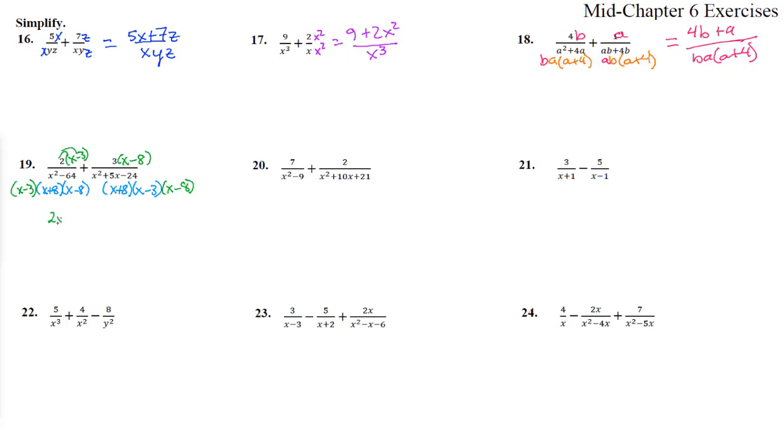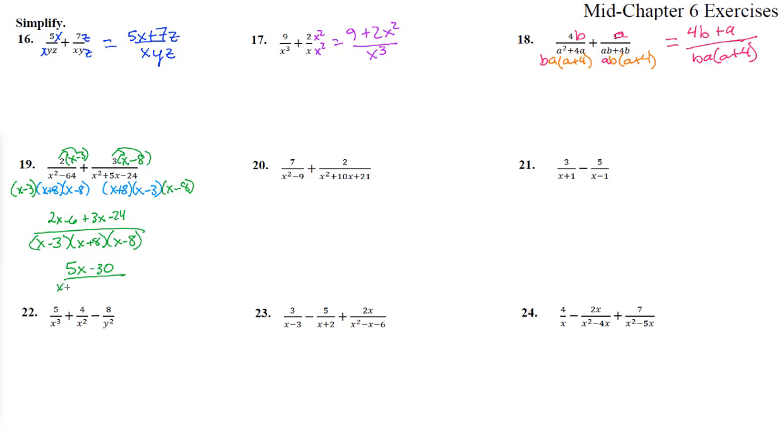We get 2x minus 6 plus 3x minus 24 all over x minus 3, x plus 8, x minus 8. Let's simplify this. That's 2x plus 3x is 5x minus a 30, minus a 30 all over that big denominator there.